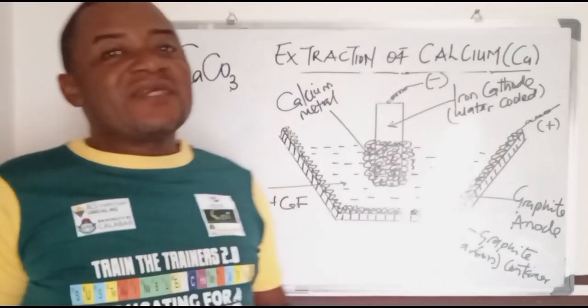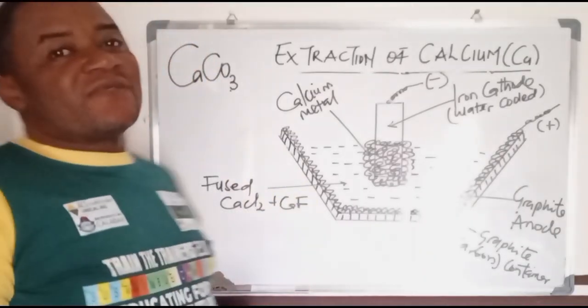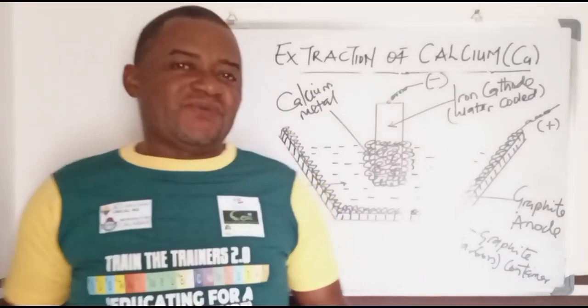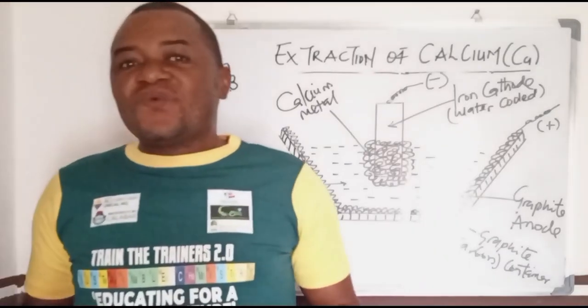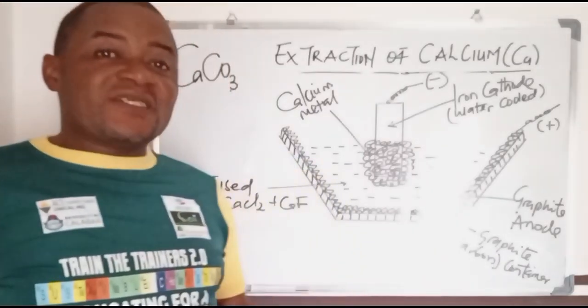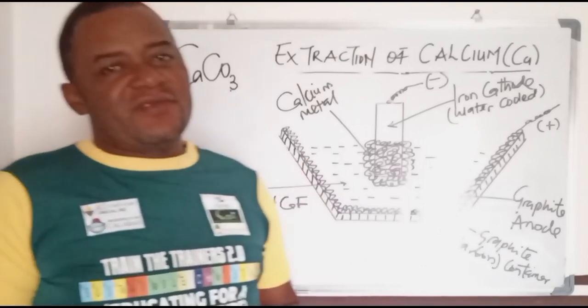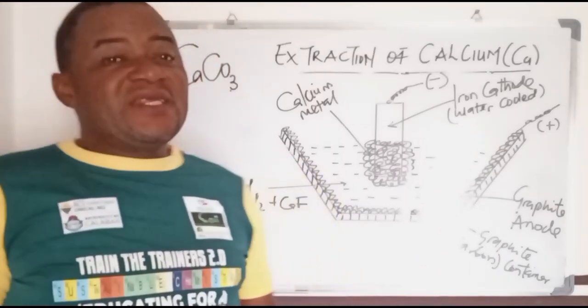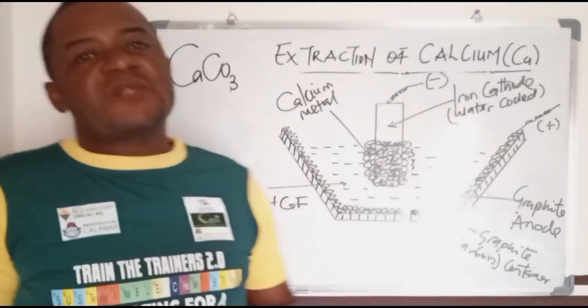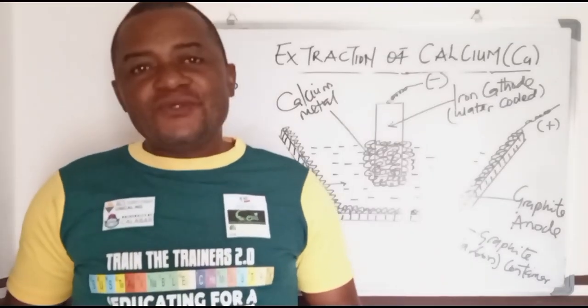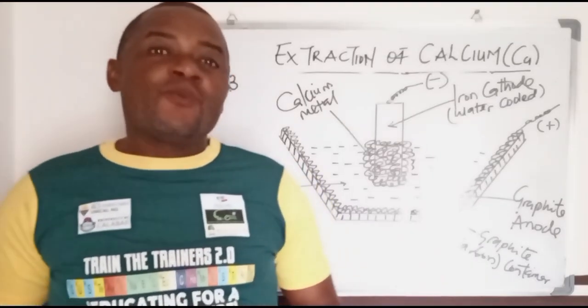So you can find calcium in all these forms, but it should interest you to know that the calcium compound which is actually used in the extraction of calcium is not really from direct calcium carbonate or limestone. Usually it is from the Solvay process.